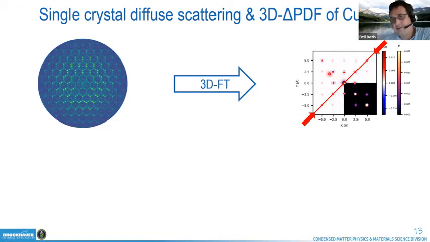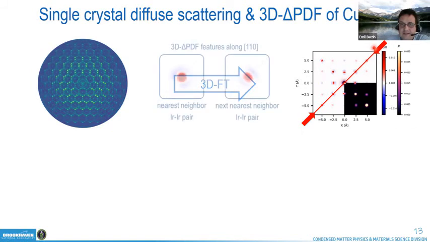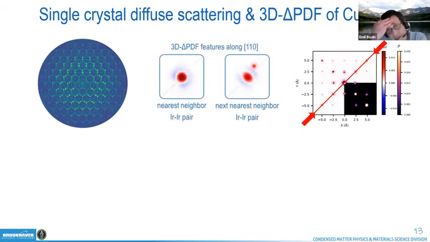which is shown here as these three quadrants in white. And the strongest differential signal corresponds to the iridium-iridium sublattice. So this is basically the Z0 cut. And if you take a look down this line, what you see is differential correlations of the iridium sublattice for nearest neighbors and next nearest neighbors of iridium.